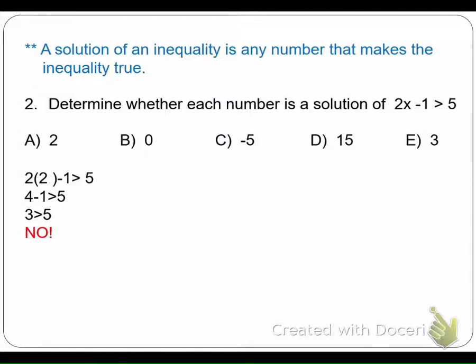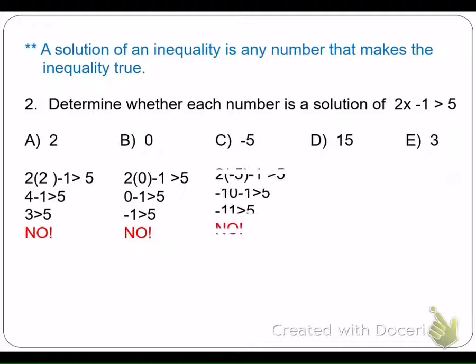What's 0 minus 1? -1. That's going to be a no, right? -1 is not greater than 5. If I put in a -5, what's 2 times -5? -10, and -10 minus 1 is -11. Is -11 greater than 5? No.